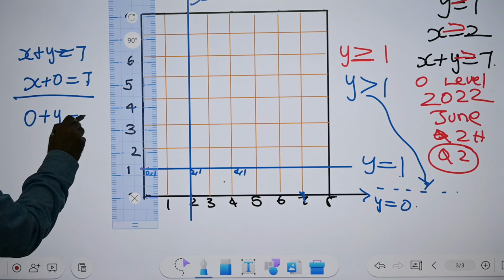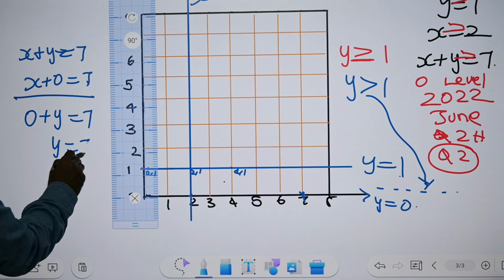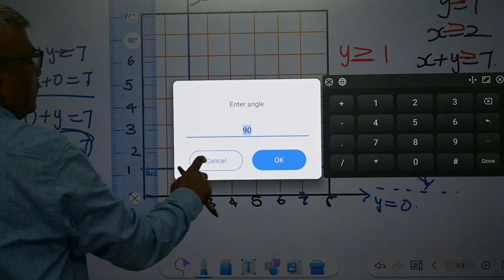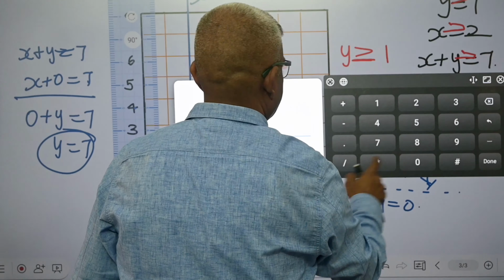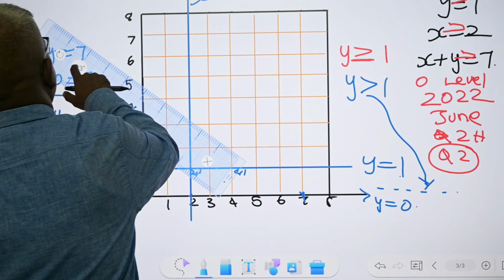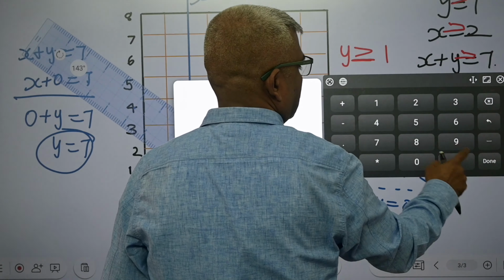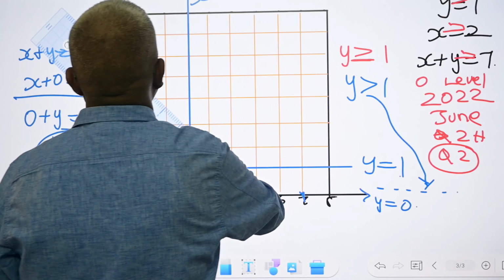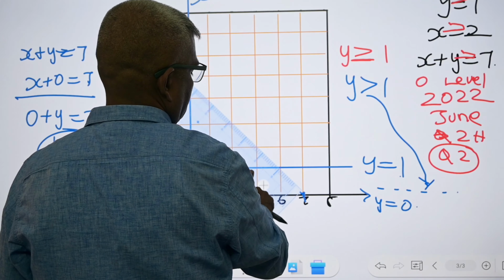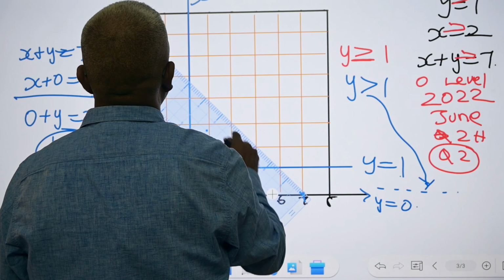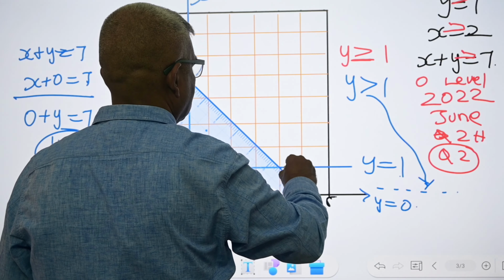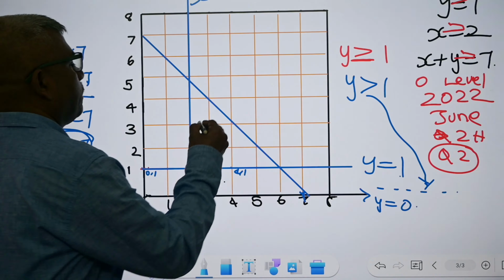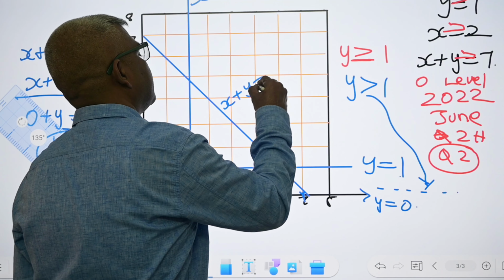So 0 plus y equal to 7, so y equal to 7. Now, this is x plus y is equal to 7.